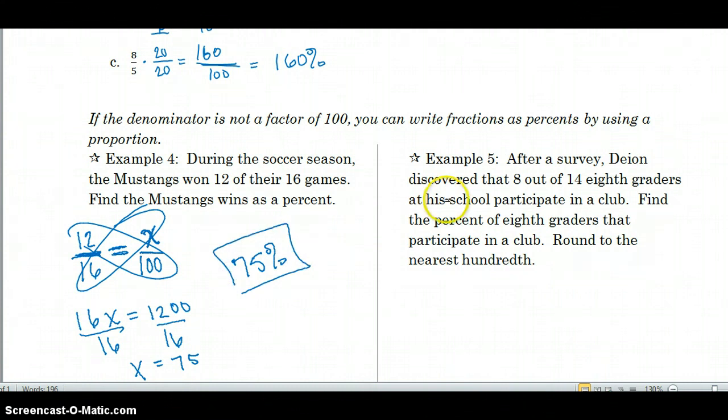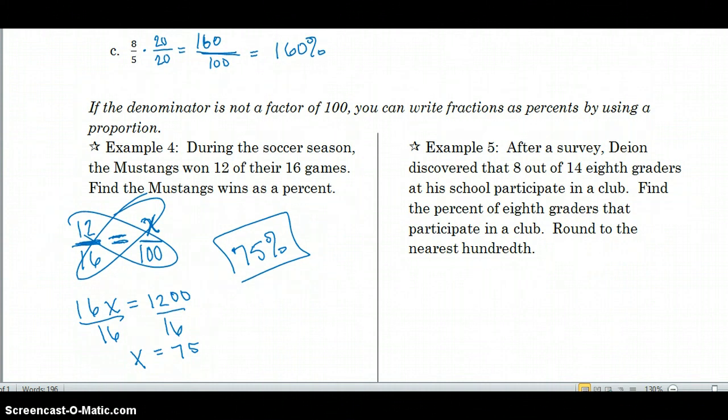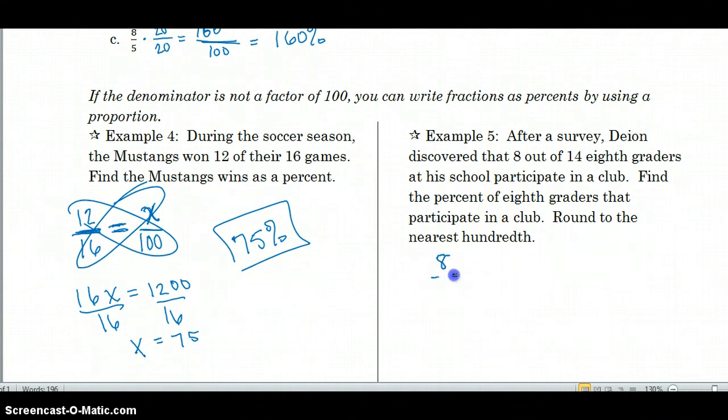All right, Dion has a similar situation. He found out that 8 out of 14 8th graders participate in a club, and we want to know what percent out of 100 that is. And again, we would cross multiply. 14x equals 800. Divide by 14.